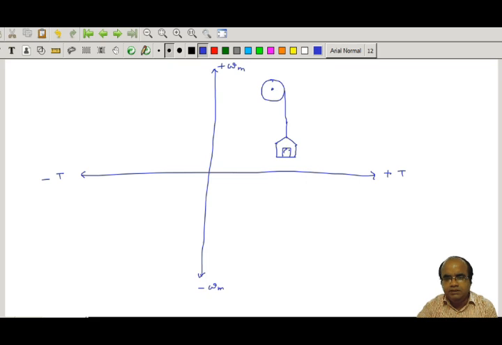The cage is loaded. And on this side there is a counterweight present. This is the counterweight. And the motion is upward. This is the loaded cage. Then this motion is taken as positive. This is plus omega m.